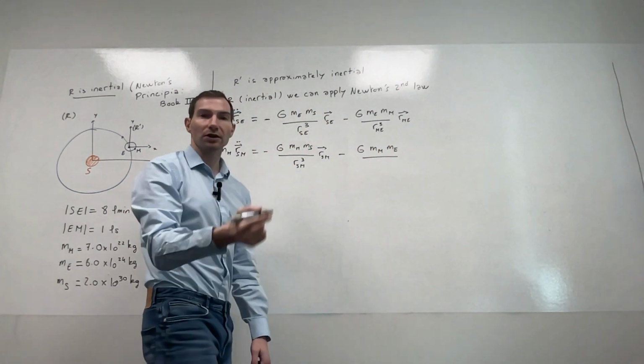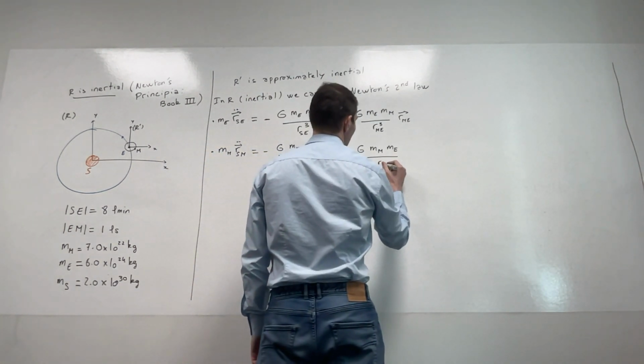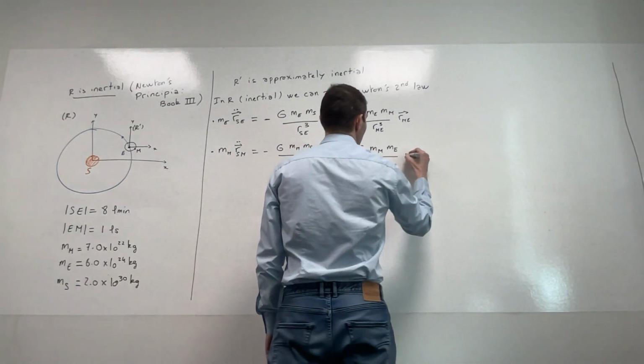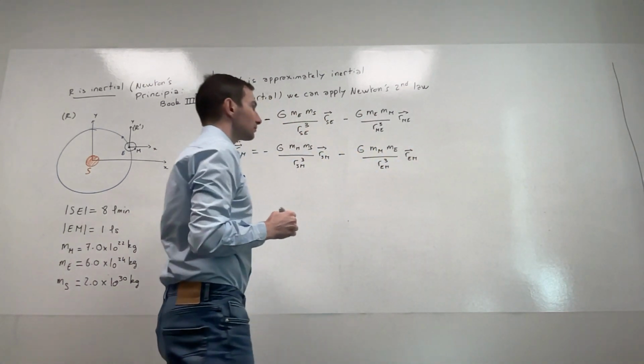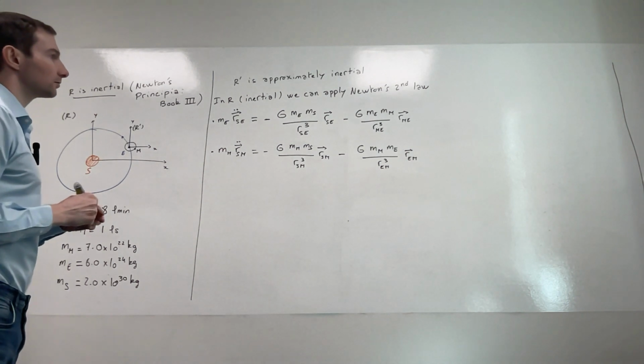But that's the influence of the Earth on the Moon this time, and so that's R_EM cubed, and then R_EM.